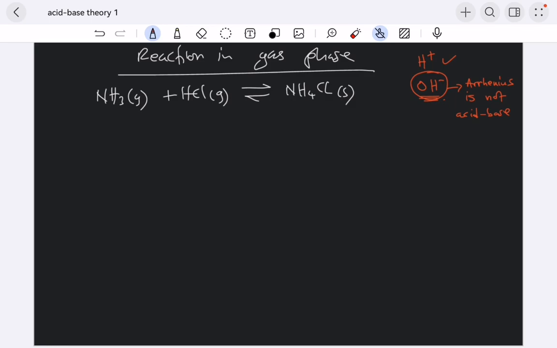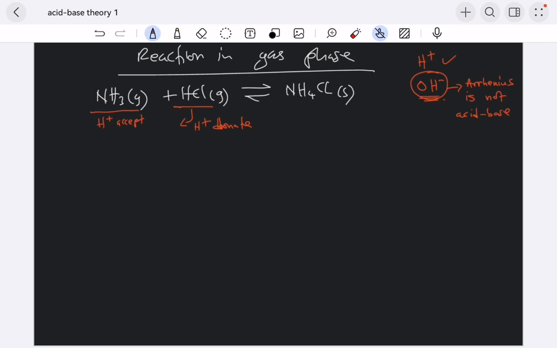But according to Bronsted and Lowry, this reaction is acid base. What do we mean it's acid base? It's acid base because there is a donation. This will donate the H positive, and this will accept the H positive.